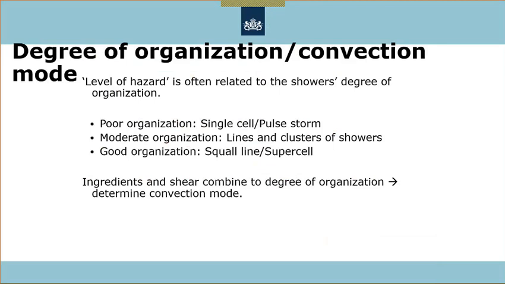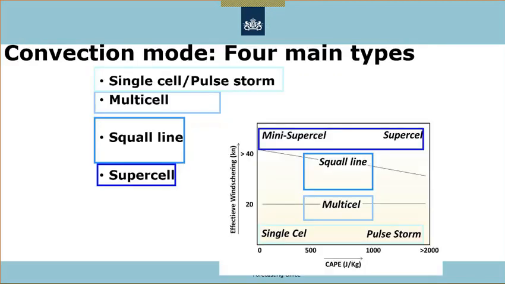When we look at especially low shear situations, then most of the time you end up with single cell or pulse storms. When you increase the amount of vertical wind shear, then you end up with moderate or even good organization. So the 3 ingredients in combination with the shear determine the convective mode. And I will show it to you in a little bit more detail at the end of this slide.